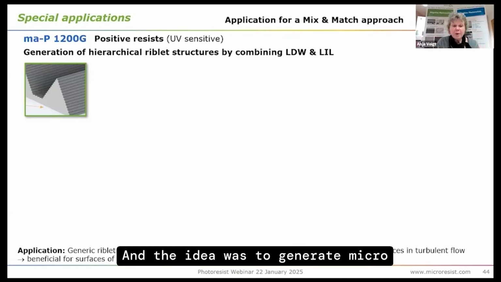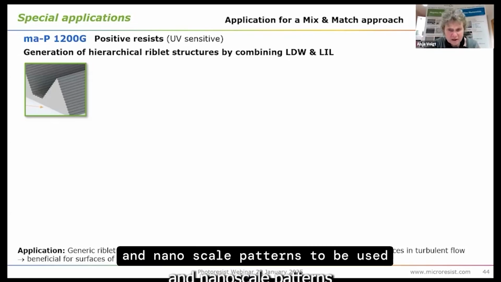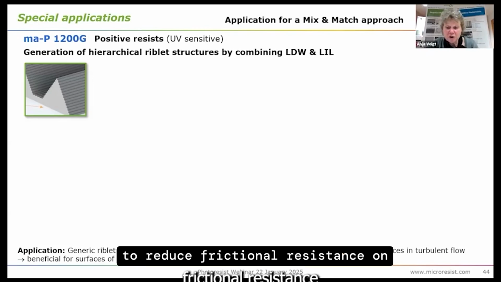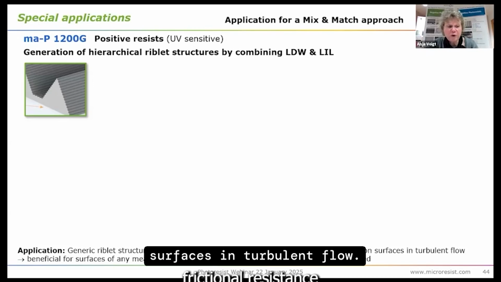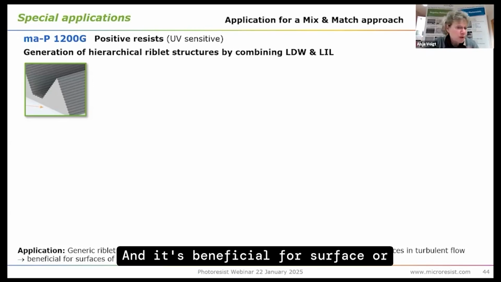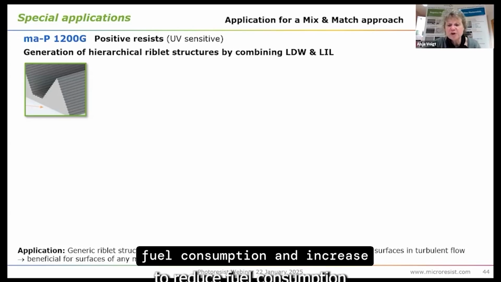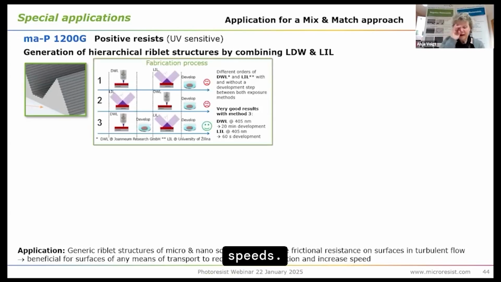And the idea was to generate micro and nano scale patterns to be used to reduce frictional resistance on surfaces in turbulent flow. It's beneficial for surfaces of any means of transport to reduce fuel consumption and increase speeds.